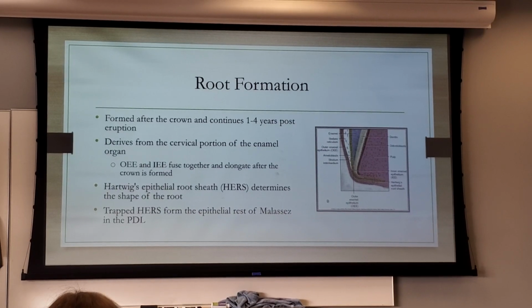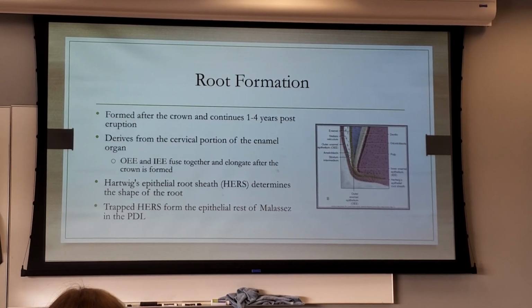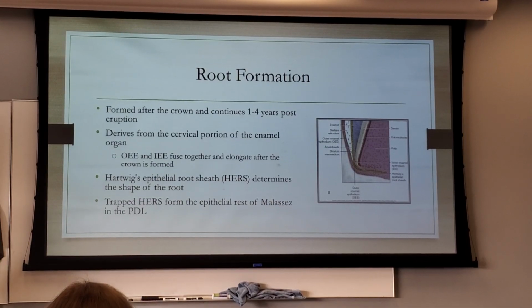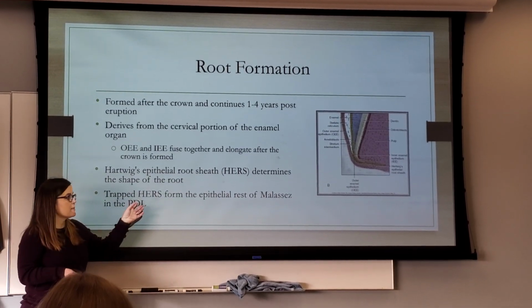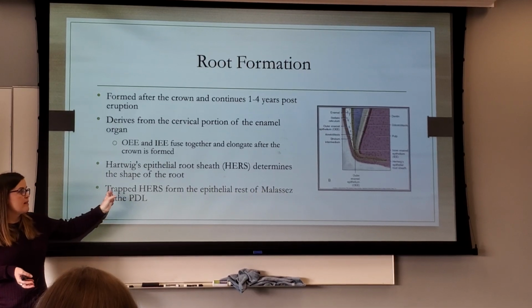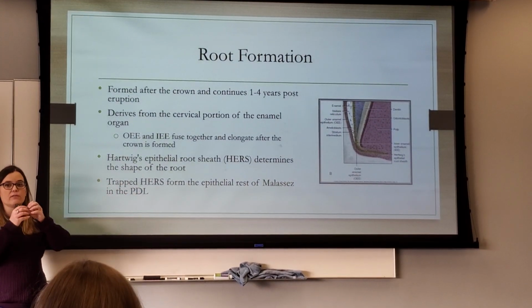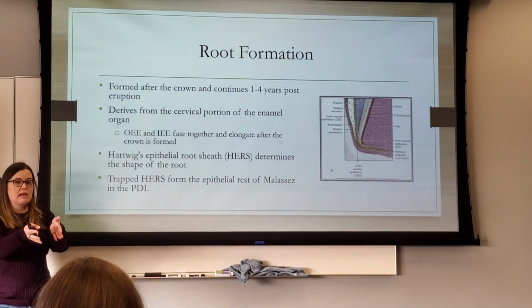So then once it's made its shape, the HERS actually kind of disintegrates away. Those cells start to break off in a sense, and they become entrapped in the PDL, and that's when the name changes to the rests of Malassez, because it's formed its shape and starts to develop the dentin and the cementum.